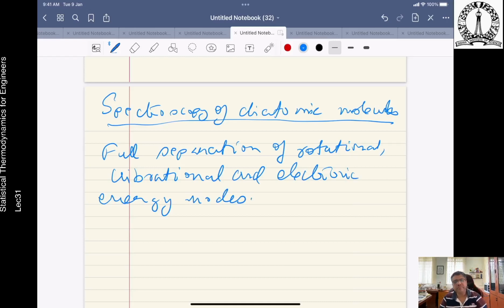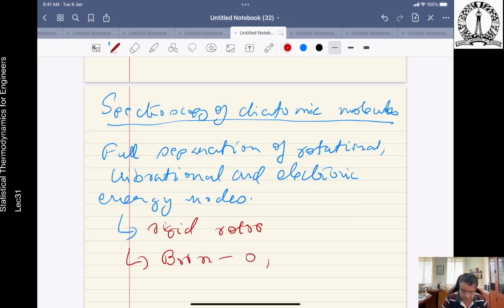This was successively implemented. What did we do? We implemented the rigid rotor model. Then we did the Born-Oppenheimer approximation.